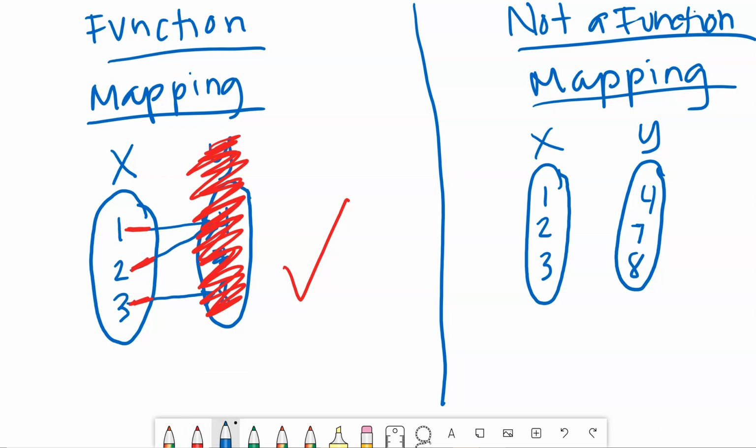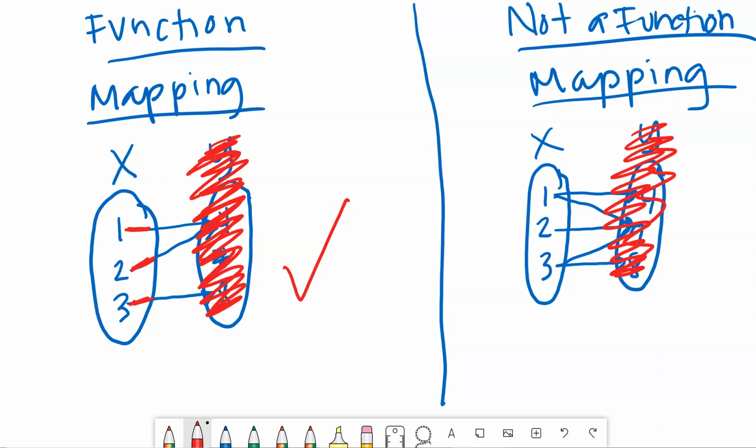Now with a not a function, just look at my arrows. So what's going on here? Again, we're not going to pay attention to the y's. The y's do not matter. We're going to pay attention to the x.